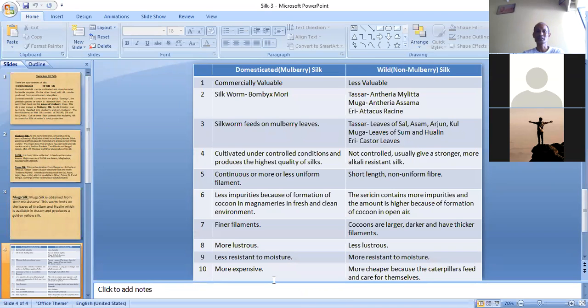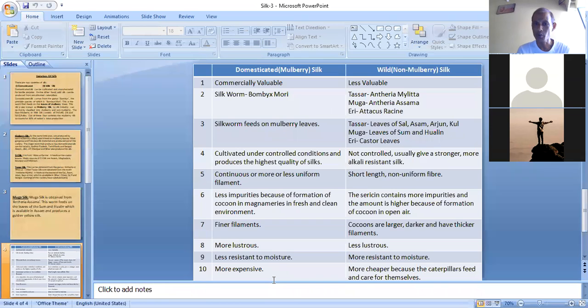And these are the differences between these 2 types of silks: domesticated, also known as mulberry; wild, also known as non-mulberry. So first difference is domesticated or mulberry silk is commercially valuable, having high cost, whereas non-mulberry or wild silk is less valuable.